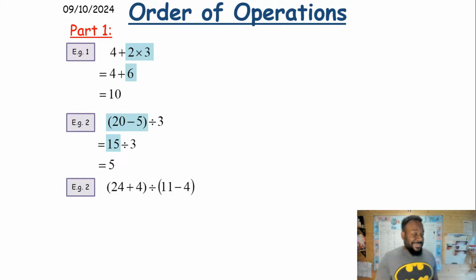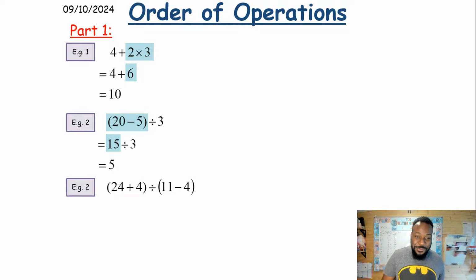Okay, next question. Have a go. 30 seconds for this one. You can type the answer if you got it. Ten more seconds.